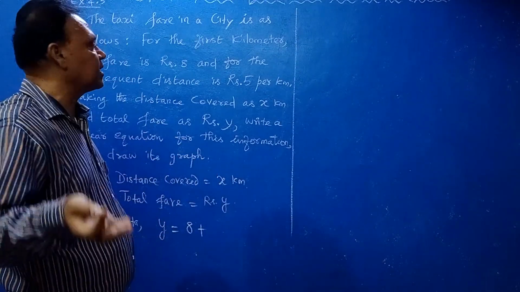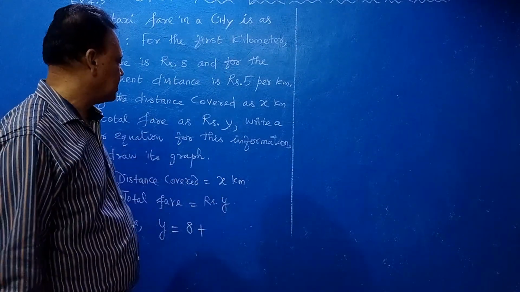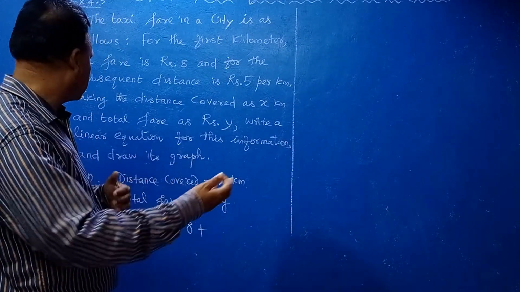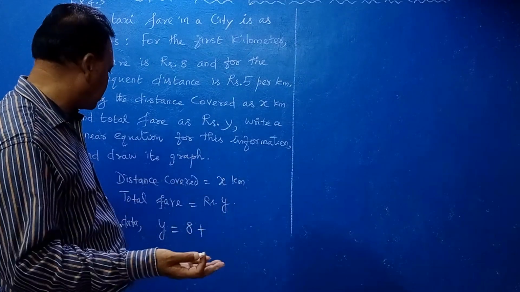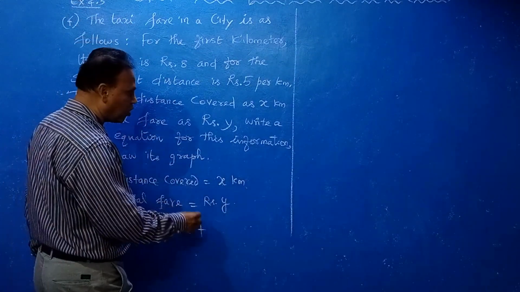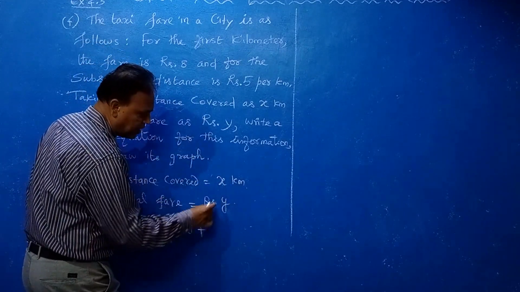Then subsequent kilometers means the next kilometers. Total distance covered is x kilometers. Thereafter, you have to subtract that 1 kilometer from the total distance x.